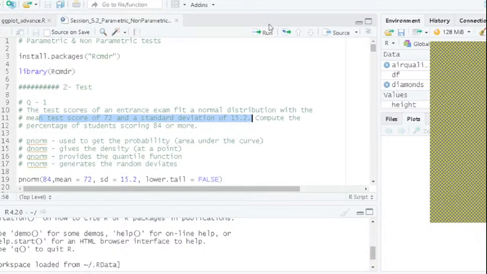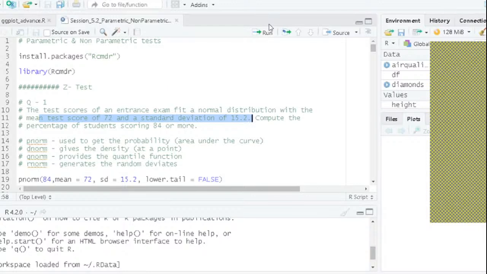What is 72 and 15.2? Mean and standard deviation, I know it's mean and standard deviation, it's written also. No, it's population mean and population standard deviation, isn't it?